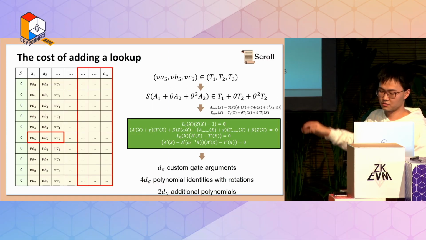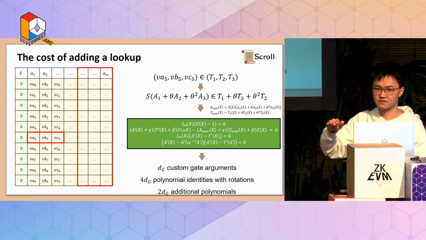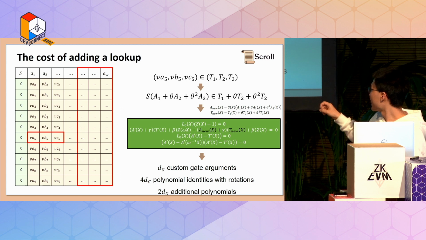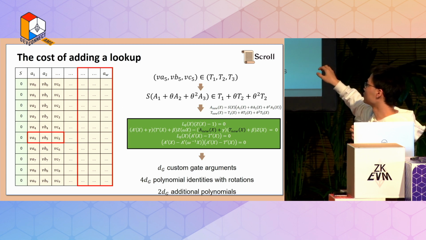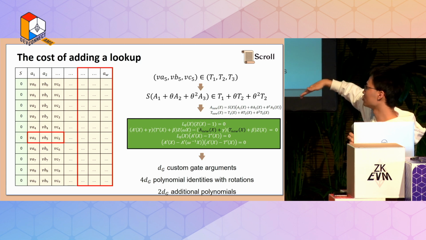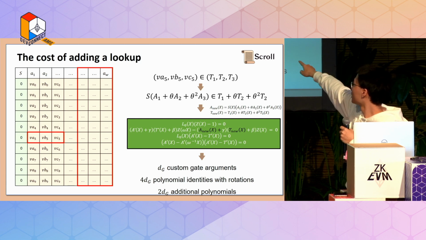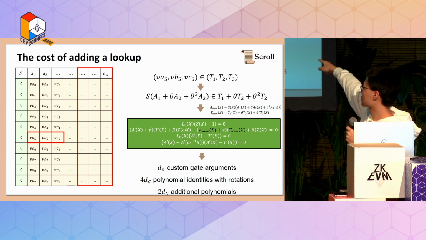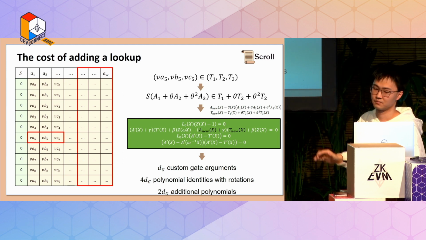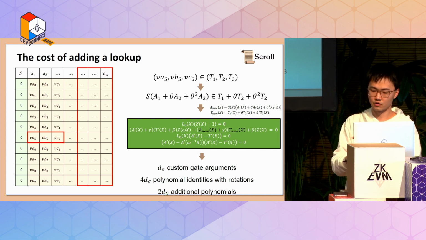So it's still 4 times larger than custom gates. That's the only thing you need to care about. And because you need to generate new permuted polynomials and new columns, your new polynomial is actually some linear combination of your A1, A2, and A3 columns. So that's basically the overhead for adding a lookup table.